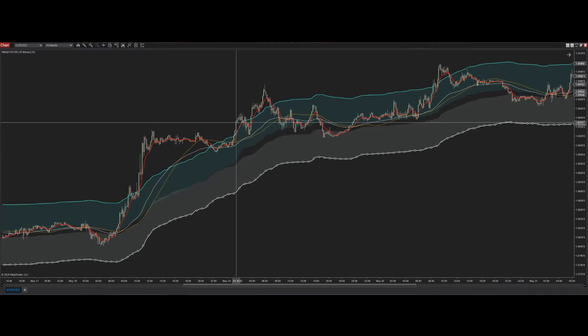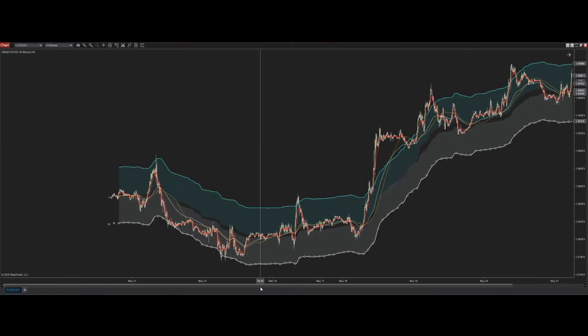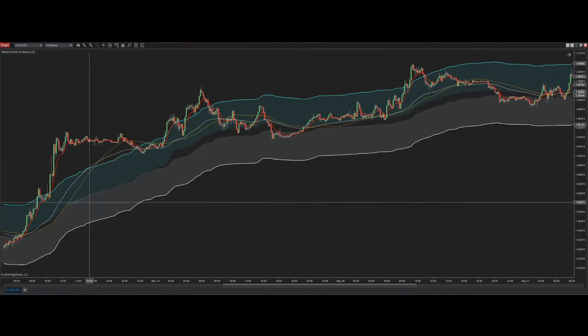Alright, and then again with that pullback here too. So when they have such a strong trend, they go, here's again, two of them, most of them work. Alright, even these, they had some pullbacks.